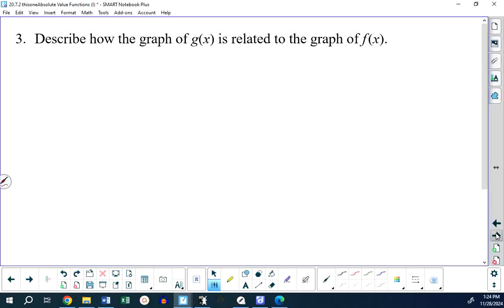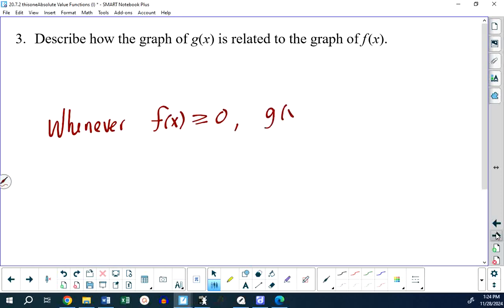Well, whenever f of x is greater than or equal to 0, g of x is the same.